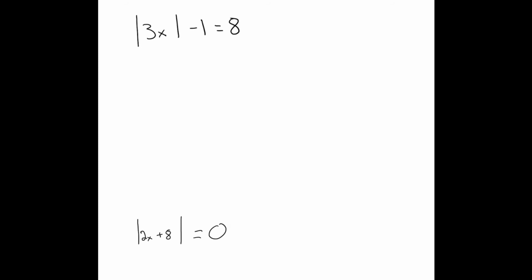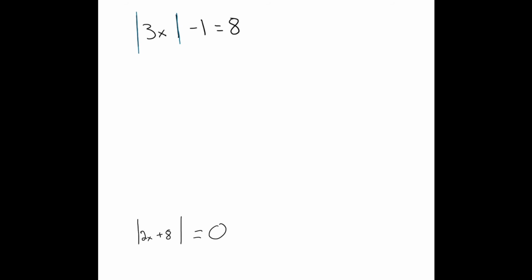All right. So this example right here. Now you can see we have our 3x. The 3x is the only thing in the absolute value. So this is the absolute value right here. So 3x minus 1 is equal to 8, and the 1 is not in the absolute value. So we want to get the absolute value on the side by itself.